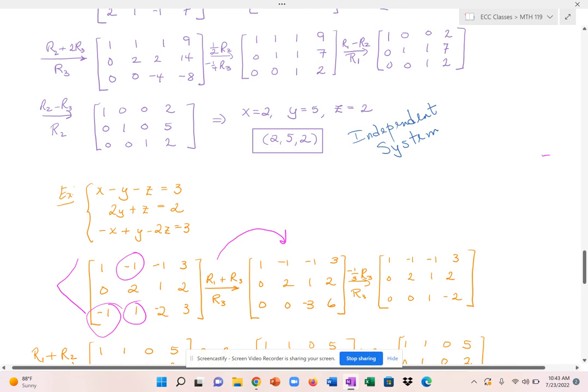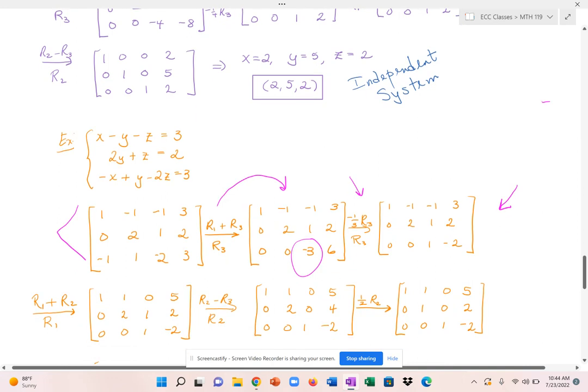My new row 3 becomes 0, 0, negative 3, and 6. That means that I can immediately take care of row 3 and make it look the way I need it to look by multiplying row 3 by negative a third. That will change this to a 1. So row 1 and 2 get copied over, and my new row 3 is 0, 0, 1, negative 2.